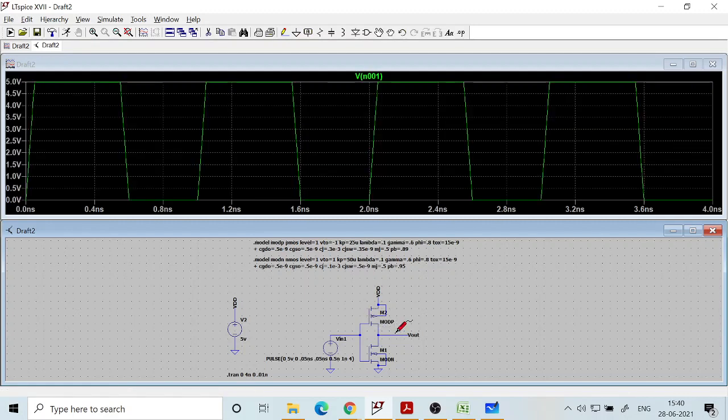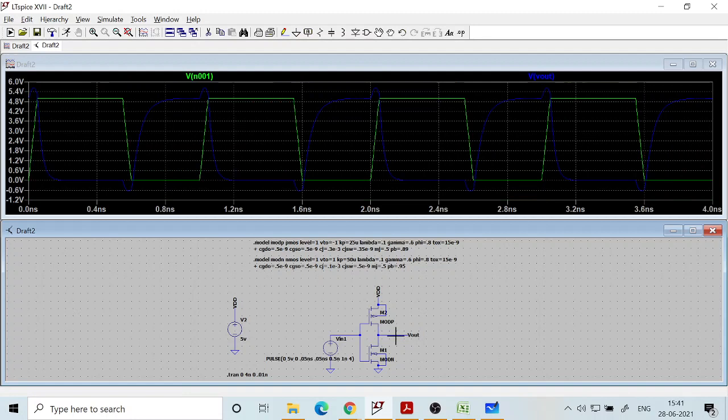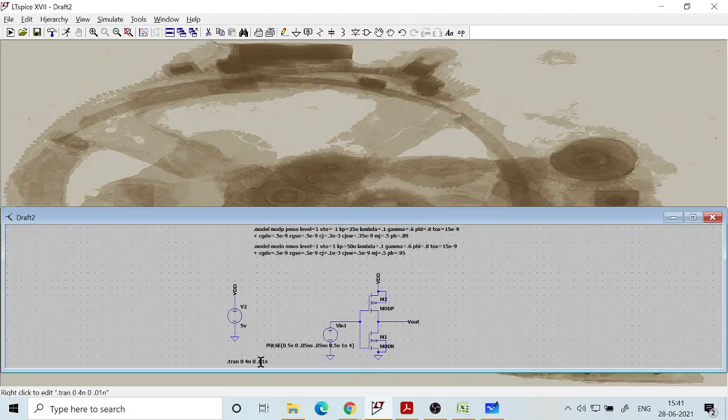Input. Okay, so now it is better. Maybe we should not plot till 4 nanosecond, let's plot only till 2 nanosecond.